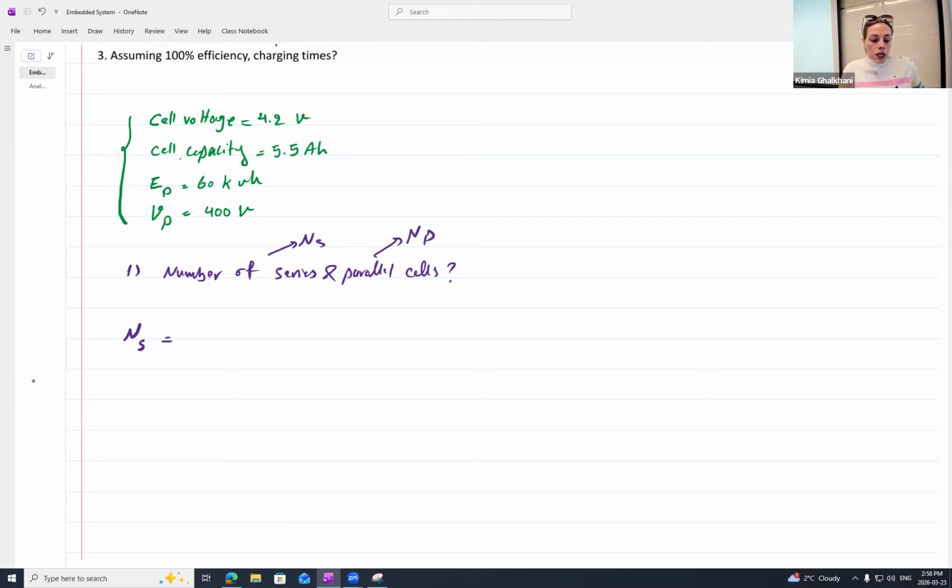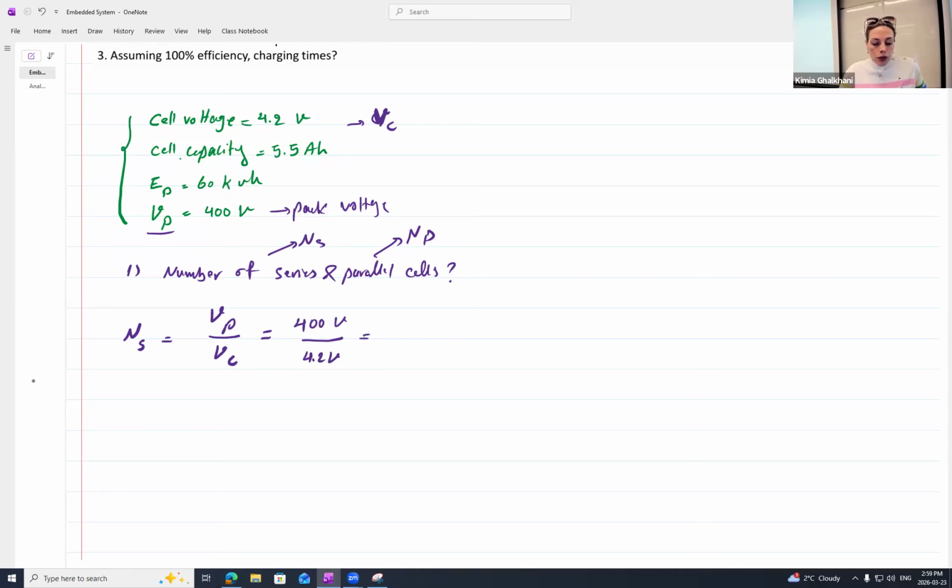So the number of series is going to be the pack voltage, which I show with VP, over the cell voltage, which I'm going to call VC, standing for cell voltage. My pack voltage from the problem is 400 volts, and my cell voltage is 4.2.